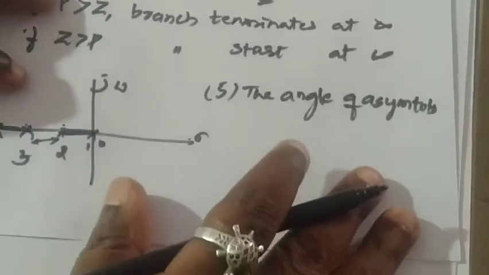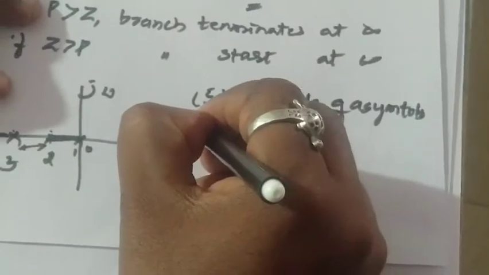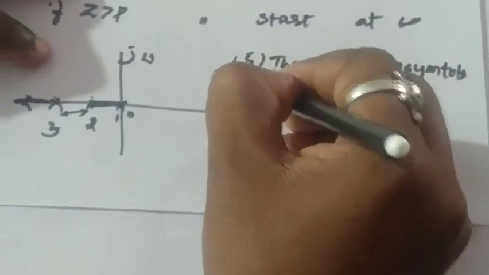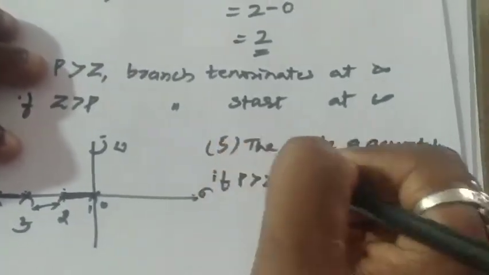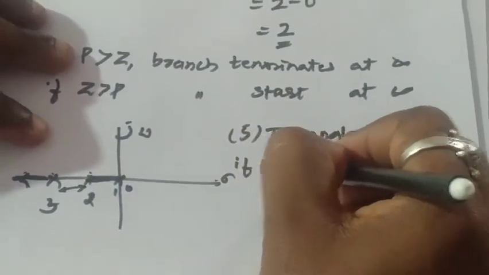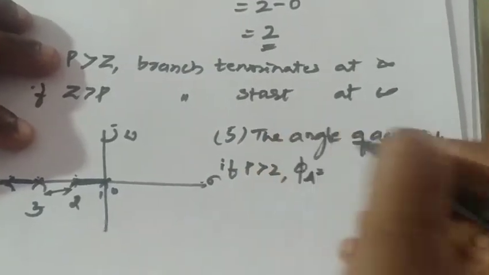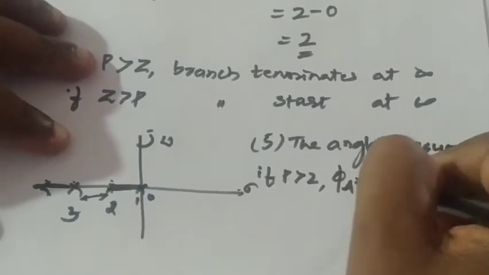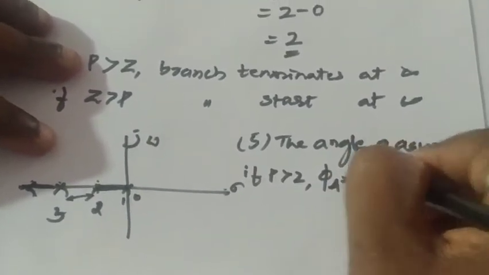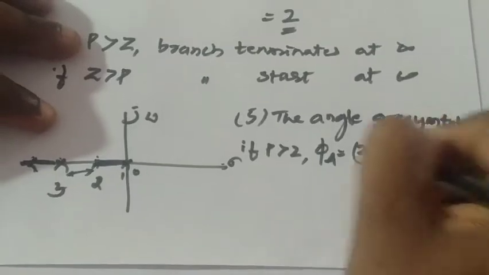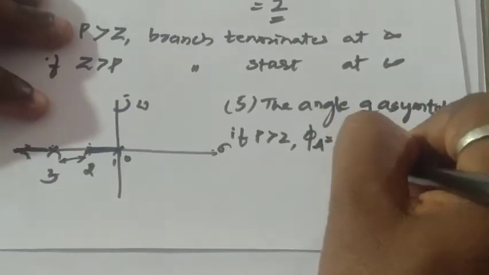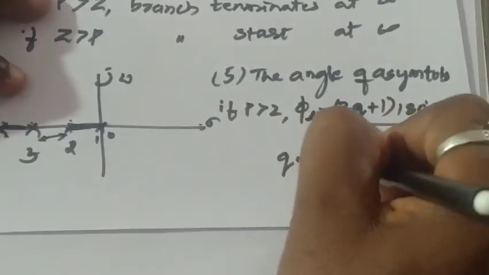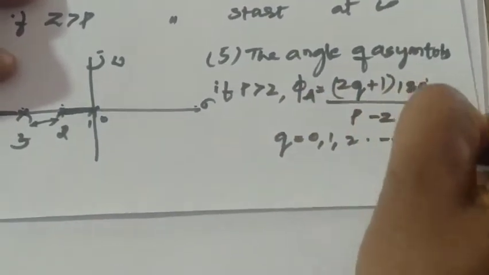This angle of asymptotes depends on, again, whether the poles are greater than the zeros, P greater than Z. So the angle of asymptotes phi A is equal to (2q plus 1) into 180 divided by P minus Z, where q is equal to 0, 1, 2 up to P minus Z.